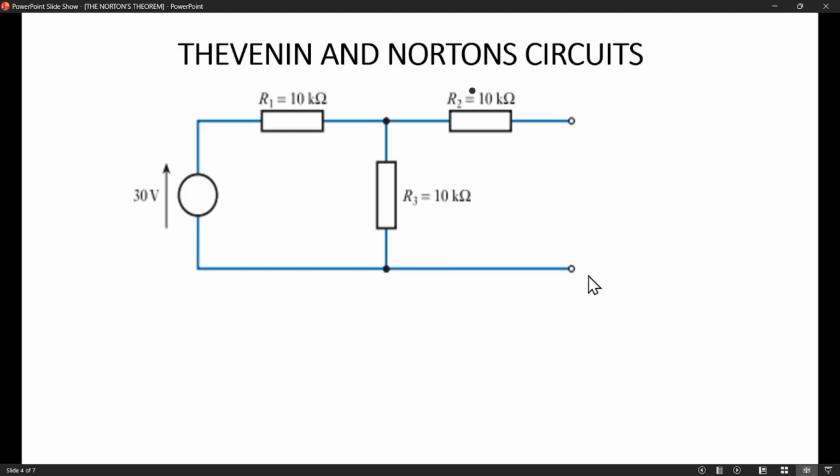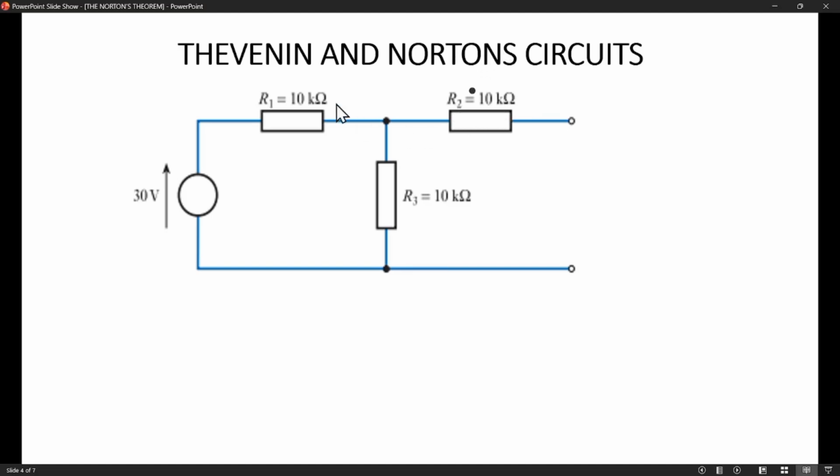Here, since there is nothing connected to this line, you can see that there is no current. The current will not flow through R2. There will be no current flowing through R2, so there will be no voltage drop from here.